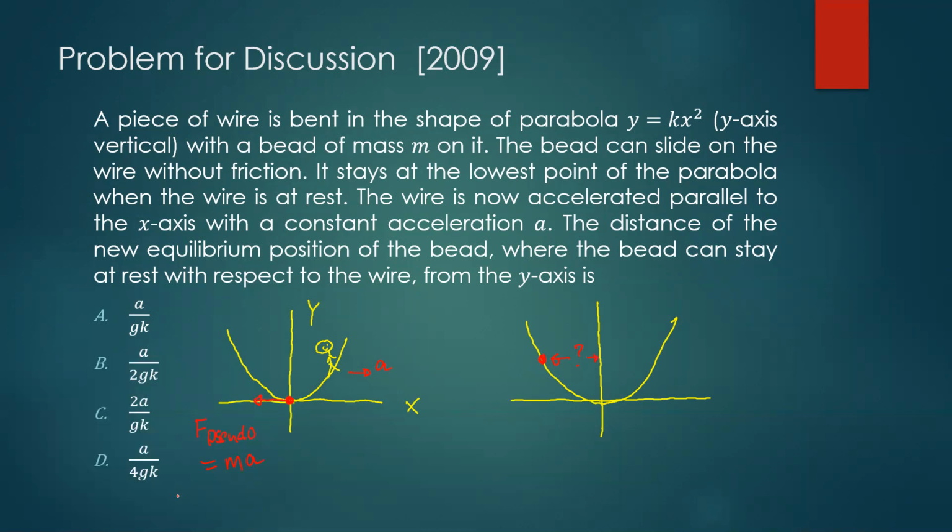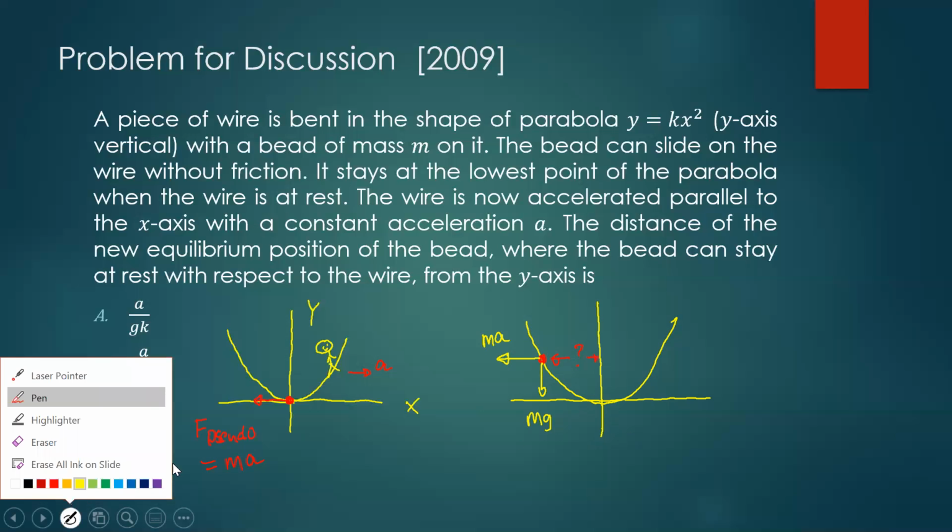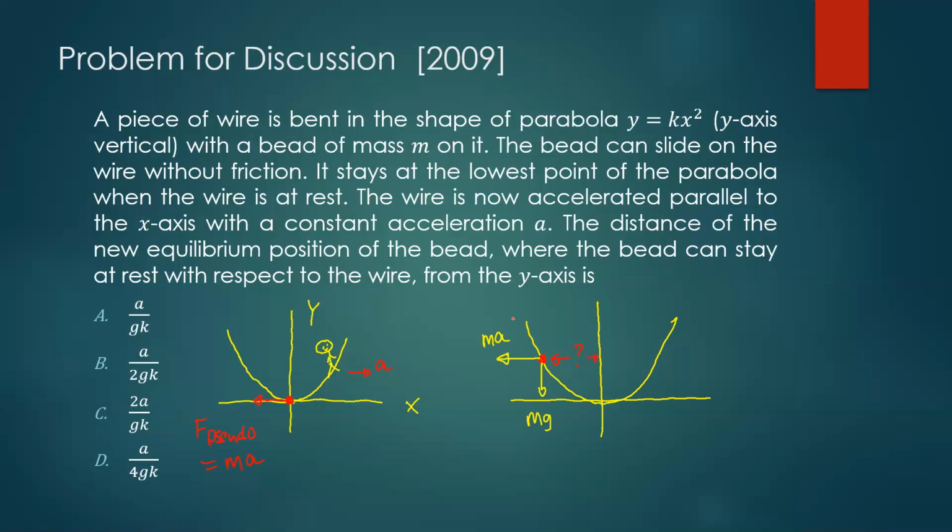Now here, what forces are acting on the bead? If I take a look at the forces, this is a pseudo force ma acting, and then I have mg. Now, if the bead can stay there at rest, can I say the forces along the tangential direction at that point should balance? So if I take a tangent here. Now, the trick here is this.